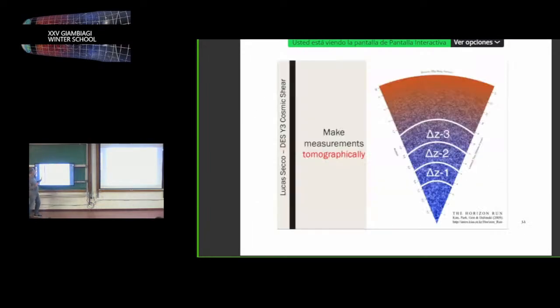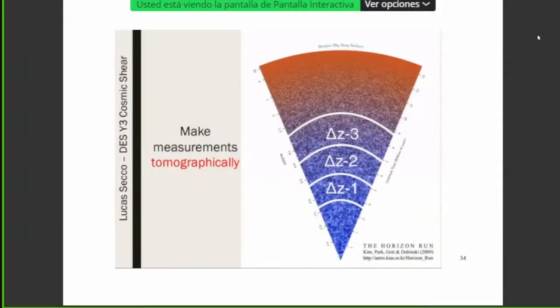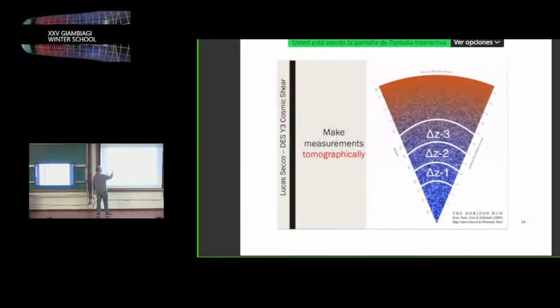And this is just an illustration of how we divide our survey into redshift bins. So this is an example where we have these redshift bins here. I will show you some more about that. And then we make the measurements in each redshift bin.